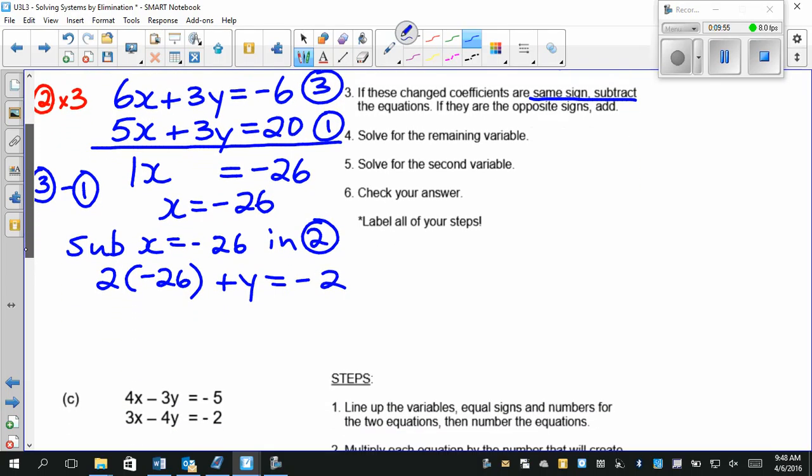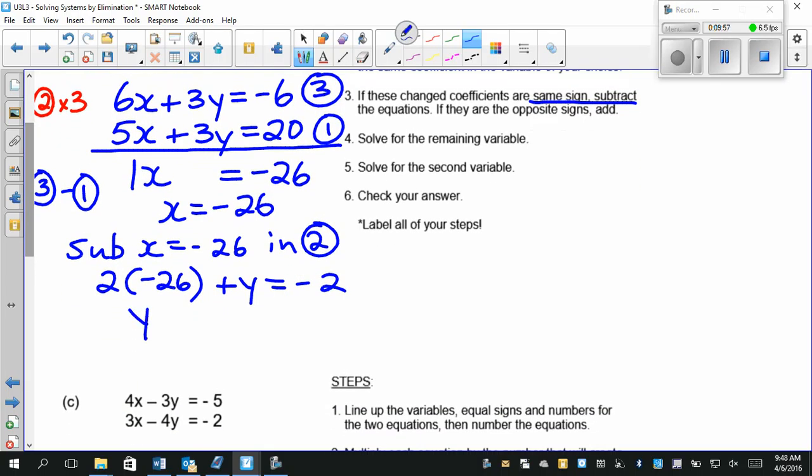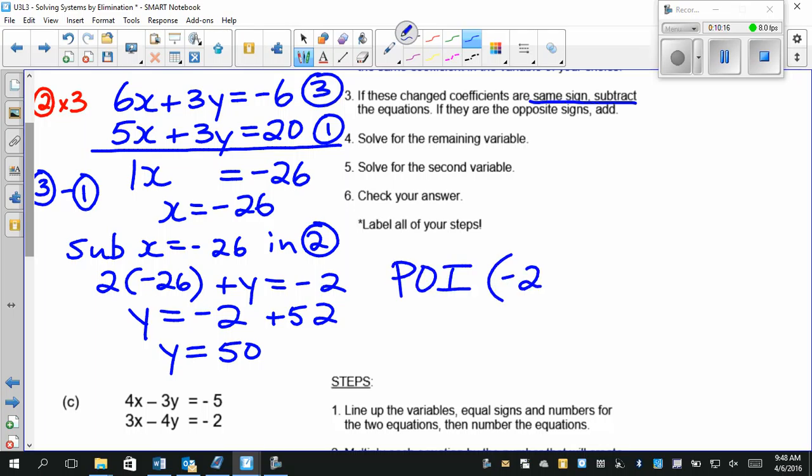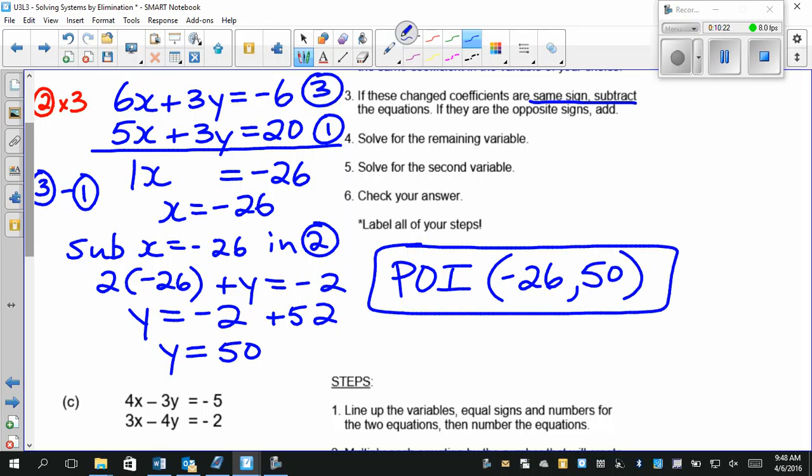So I'm going to get y equals negative 2, and then 2 times negative 26 is negative 52. When it goes to the other side, it's going to change to plus 52. So I'm going to end up with y equals 50. So for the point of intersection, the point is (negative 26, 50). Okay? So I'm going to leave that there.